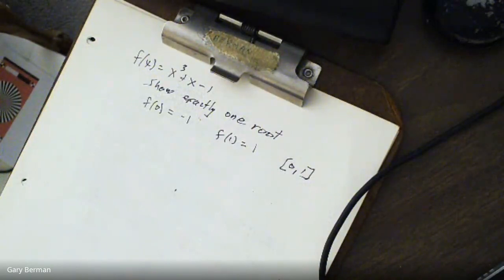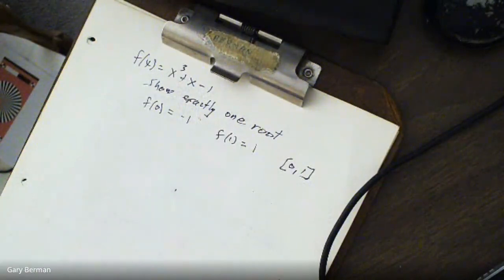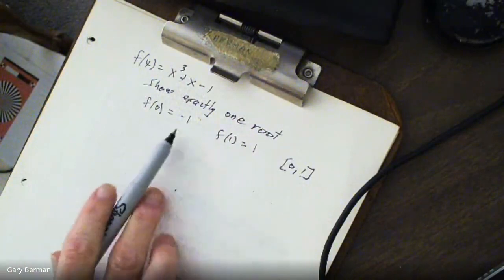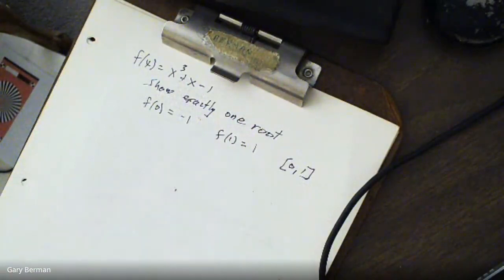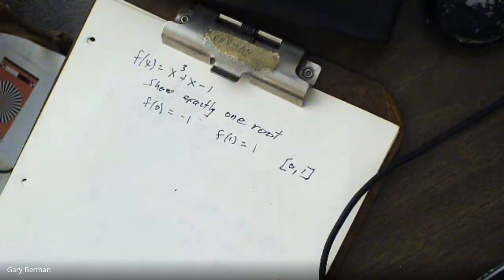Okay. Now, we have a function, and we're trying to show it has at least one real root. Well, we have an interval where it goes from minus to plus. We're going to use the intermediate value theorem to come to that conclusion, but we have to state, again, that it meets the conditions of the intermediate value theorem. And the intermediate value theorem here just says it's got to be continuous on the interval 0, 1. Well, it's a polynomial.